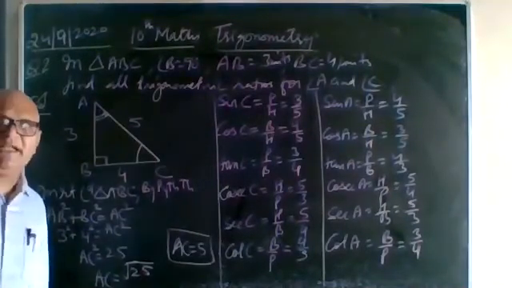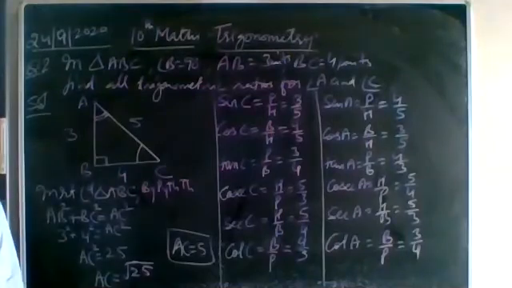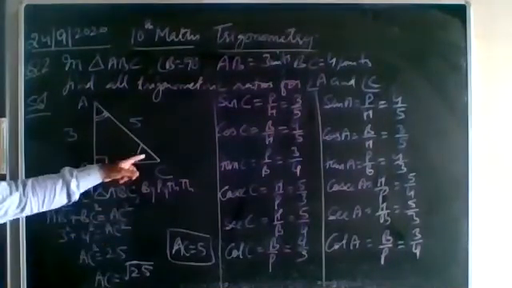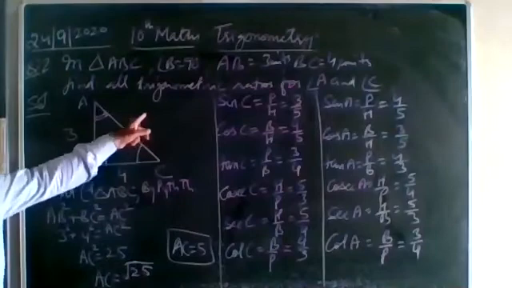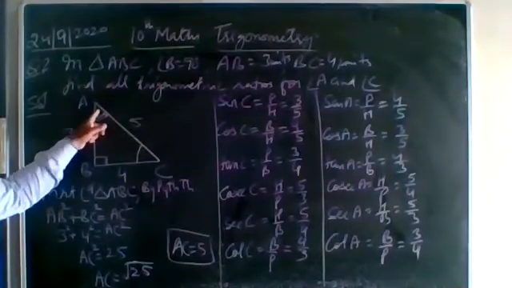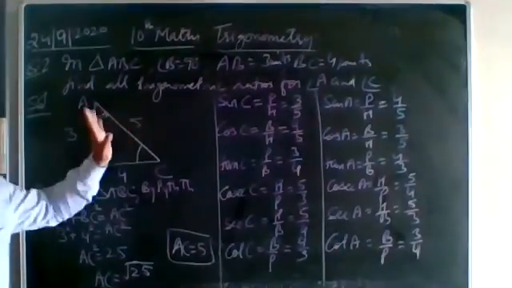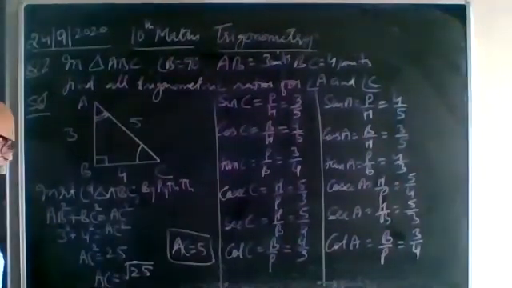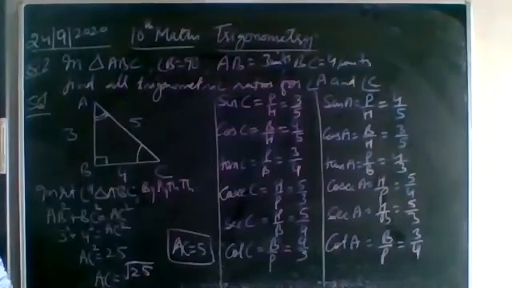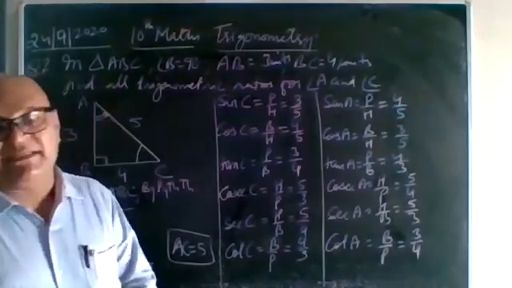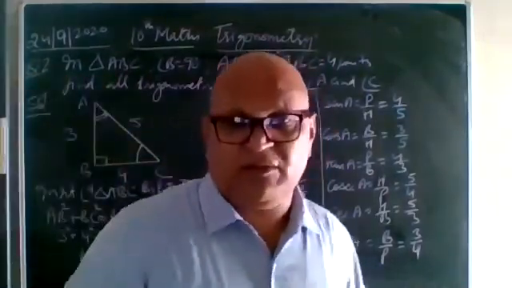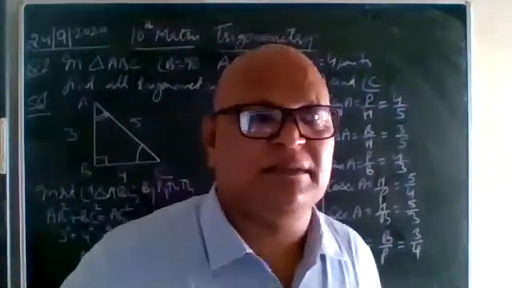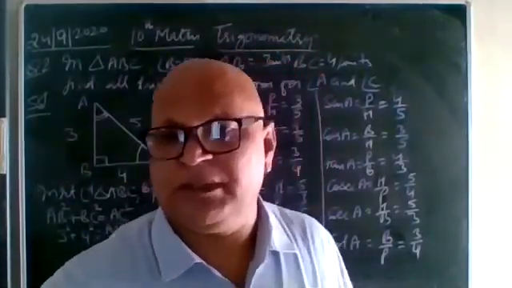The hypotenuse, the side opposite to 90 degrees, will be the same in all cases. If we consider this angle, you get the hypotenuse here; if you consider this angle, the hypotenuse is again the same, only the perpendicular and base change. So this is the first exercise. You can try yourself, and tomorrow we will do the next important topic. Okay.